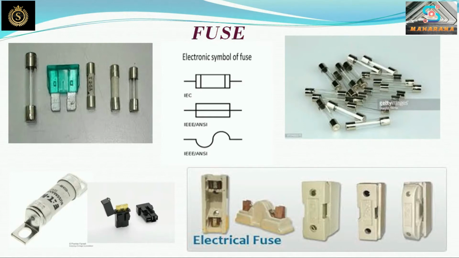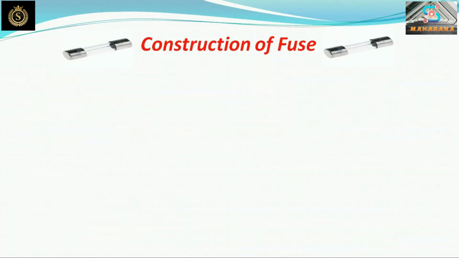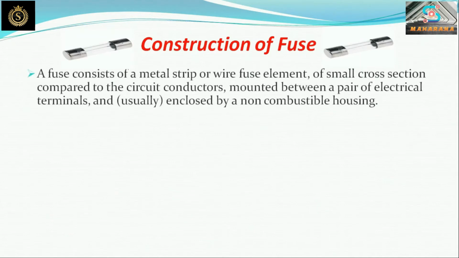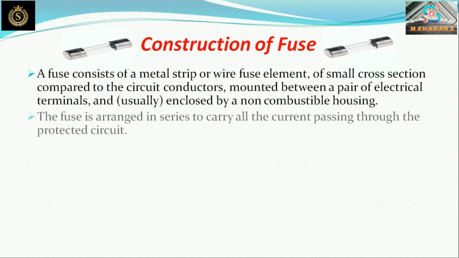Fuse. Construction of fuse. A fuse consists of a metal strip or wire fuse element, of small cross-section compared to the circuit conductors, mounted between a pair of electrical terminals, and, usually, enclosed by a non-combustible housing. The fuse is arranged in series to carry all the current passing through the protected circuit.